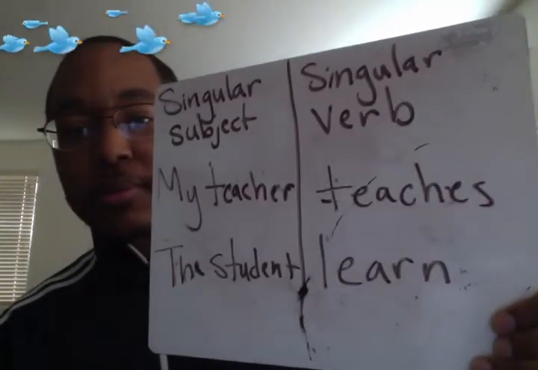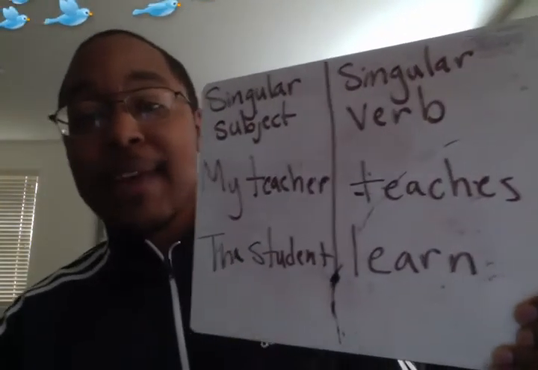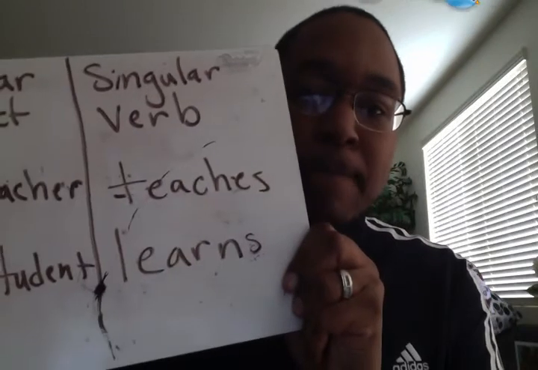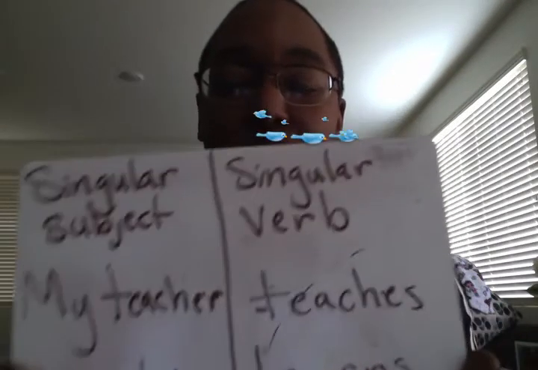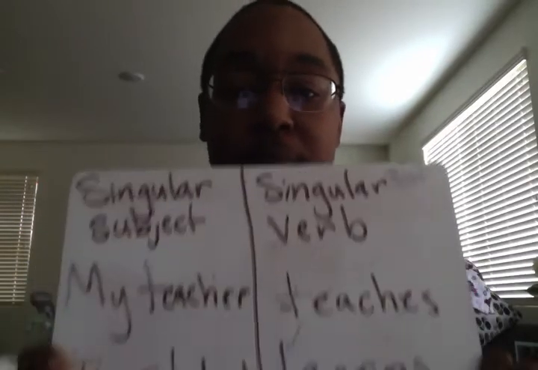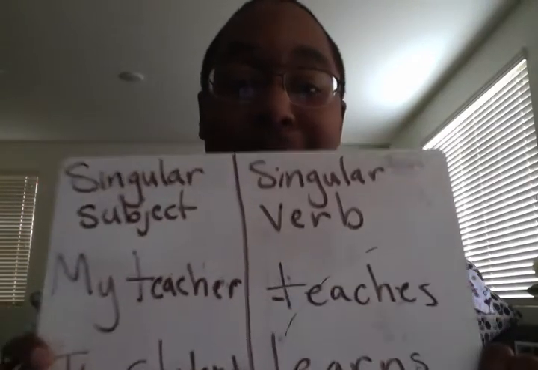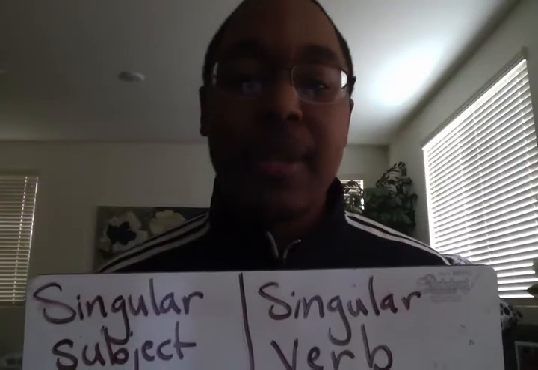Learn, maybe, right? So let's put the student learn. Is that correct? No, it's not correct. It has to have a what on the end? An S. The student learns. Okay? So that is how the singular subject and singular verb work together. Singular subject, no S on the end. Singular verb does have an S on the end for it to match in our sentences, okay?